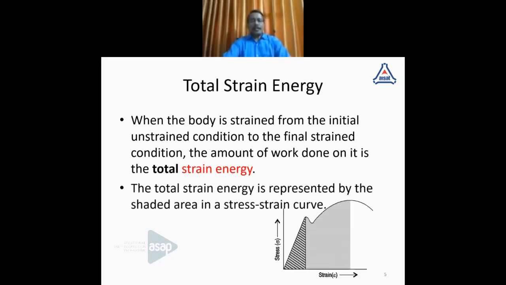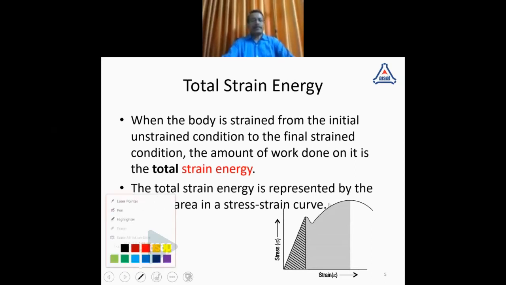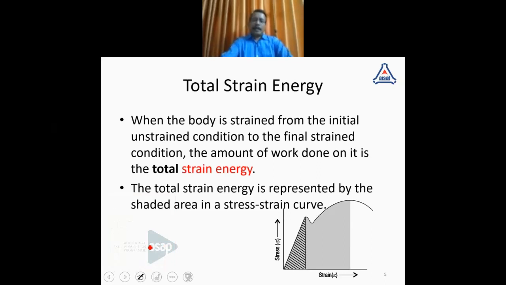You can see the stress strain curve where strain and stress are given along the two axes. And up to this point, we can call it elastic deformation. And beyond this point, the deformation goes in a different pattern. And this deformation is permanent and it is called plastic deformation.